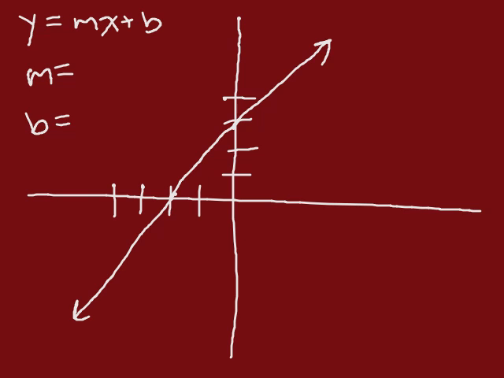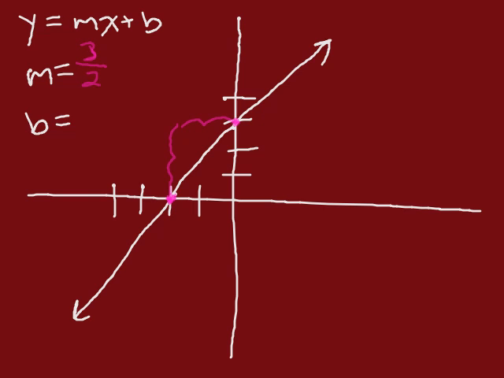Okay, so the slope. Remember, we find the slope by figuring out the rise over the run, right? And so if we take this point to this point, because we know it crosses integers there. Okay, so let's see. The rise is 1, 2, 3. 3. And the run is 1, 2.